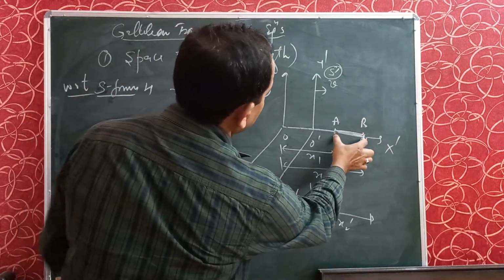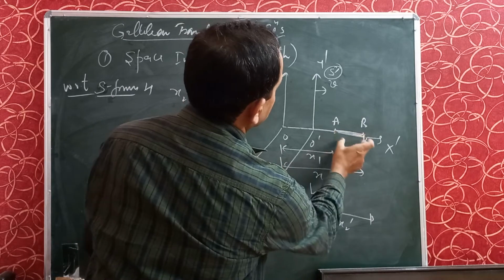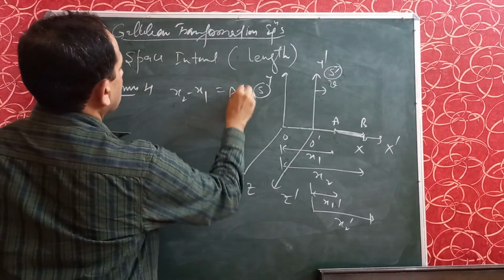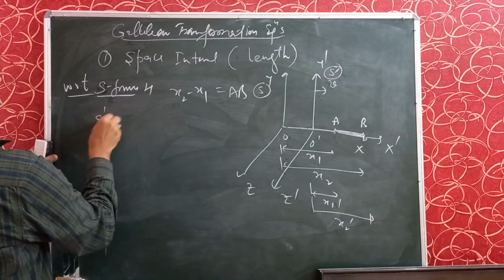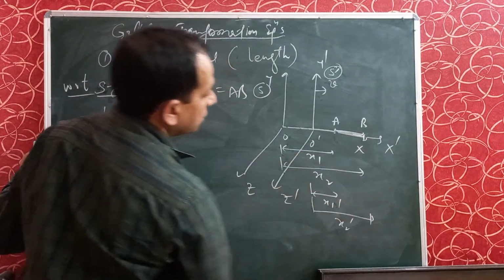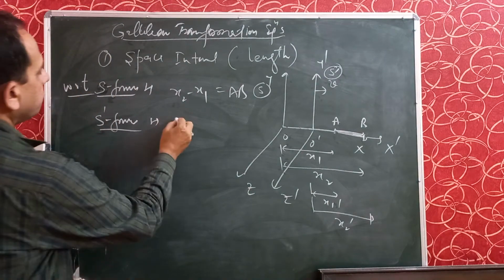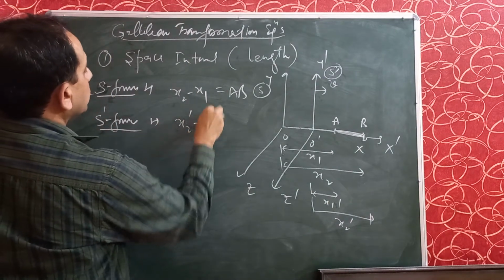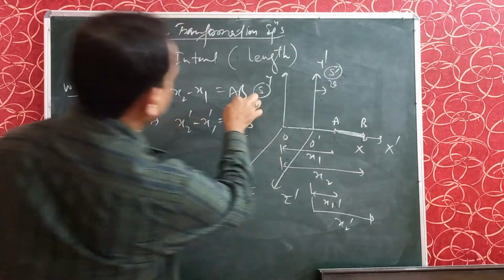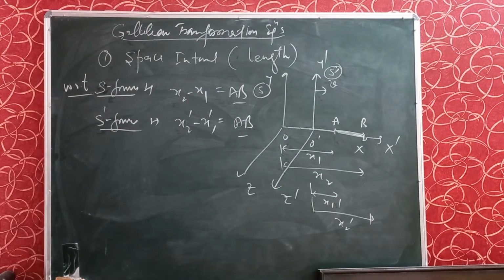Okay, so this AB is x2 minus x1. Also, with respect to S dash frame, the same length is measured, and it will become x2 dash minus x1 dash. It is also AB, because AB is written by 2 equations, x2 minus x1 or x2 dash minus x1 dash.